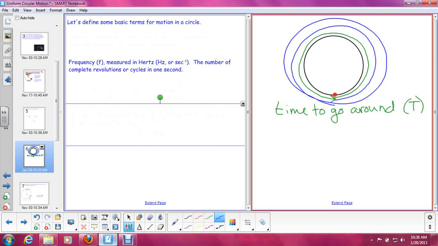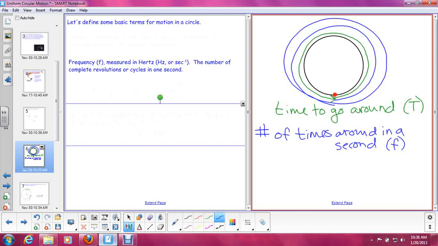I can do 2 cycles in 1 second. So, number of times around in a second is our frequency. And that symbol makes much more sense. It's a little f.